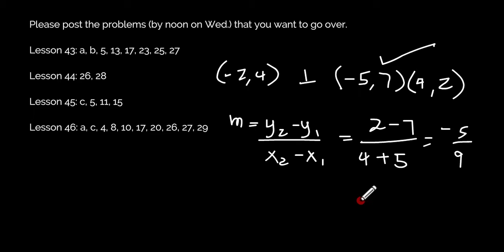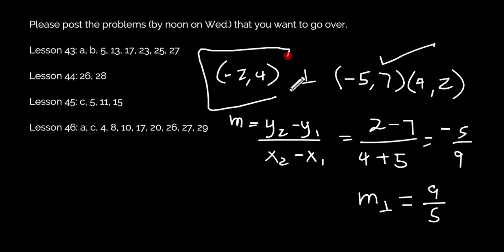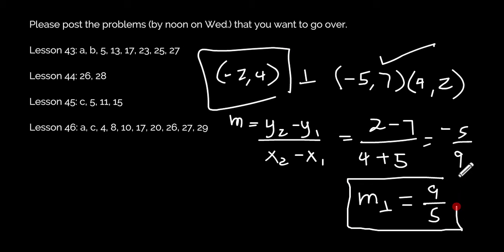We want to find the slope of the line that's perpendicular to that line, so we're going to do the perpendicular slope, which you're going to flip it and make it positive. You change the sign of this. So we're going to take this point and this slope, and we're going to pop it into y equals mx plus b and find b. So the point, this is your x, y, go in where the x and y are.